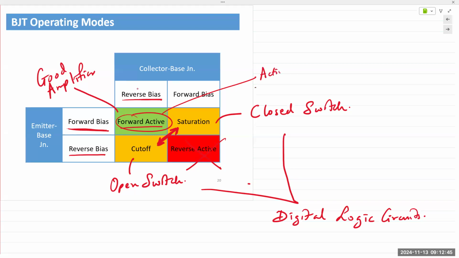In this region of operation, the transistor works as an amplifier. It works as a voltage amplifier, a current amplifier, and a power amplifier. In fact, most of the amplifiers that we use nowadays always have transistors working in the active region.